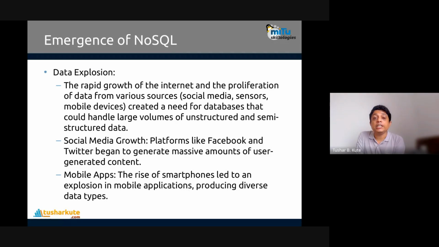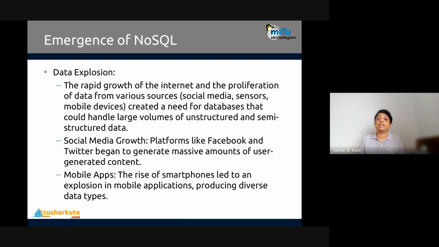This created the need for databases that could handle large volumes of unstructured and semi-structured data. In our day-to-day life, we don't always have structured data. We have mostly unstructured data, and semi-structured also. The comparison is like 90% and 10%: 10% structured and 90% unstructured.